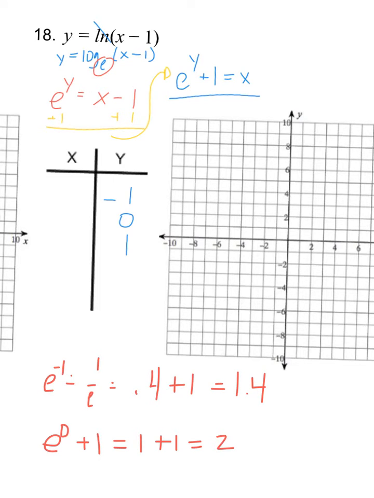And the last one is e to the first plus 1, which ends up being 3.7 approximately. So again, you graph it. I'm not going to try it on the iPad.